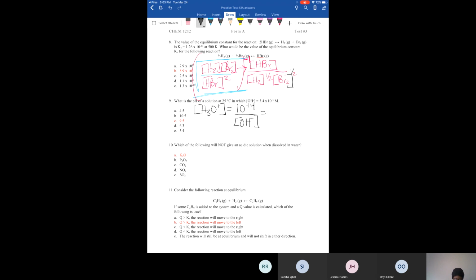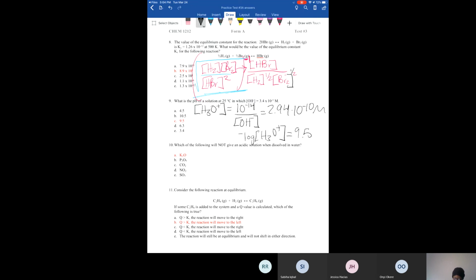So you take 10 times 10 to the negative 14 divided by 3.4 times 10 to the negative 5. You're going to get 2.94 times 10 to the negative 10, and you take the negative log of that. So negative log of H3O plus gives you 9.5. That should be molar.